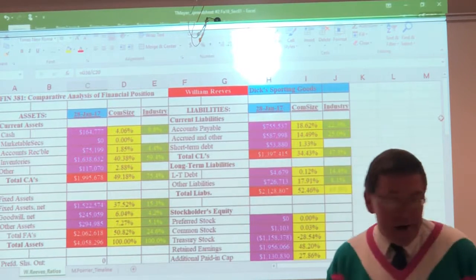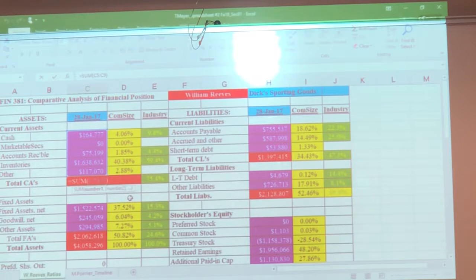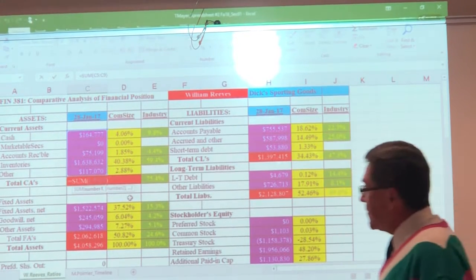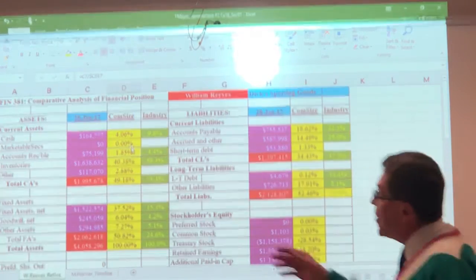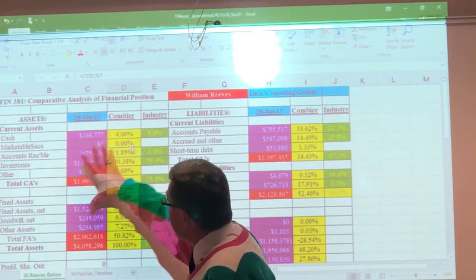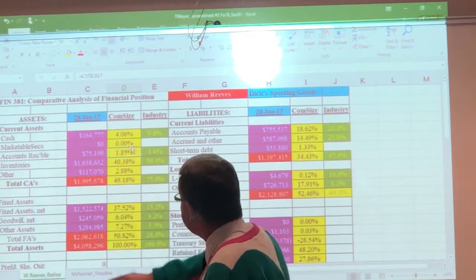The red cells are equations that once you've filled in the purple cells, the red cell is going to calculate the total for you. And that's all based on your company data. The common size ratios, as you saw Wednesday, we calculated all of those. So once these numbers are changed, these numbers will automatically recalculate themselves.